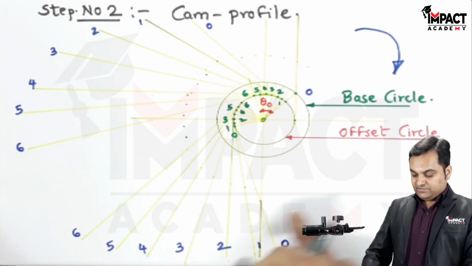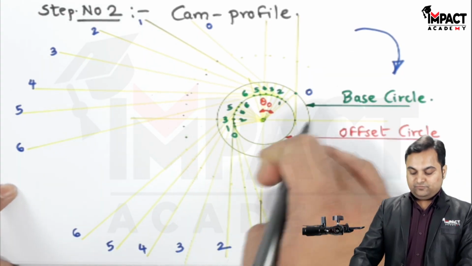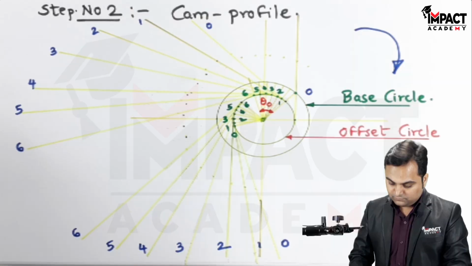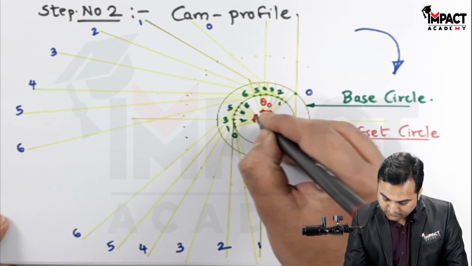Now once these tangents have been marked, the remaining part would be for the remaining dwell period. This is theta r.